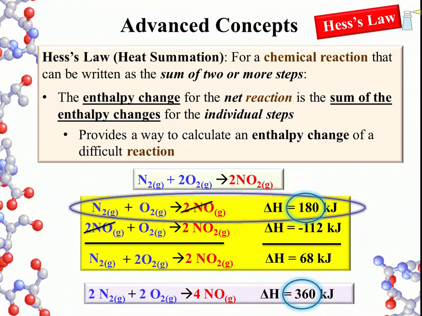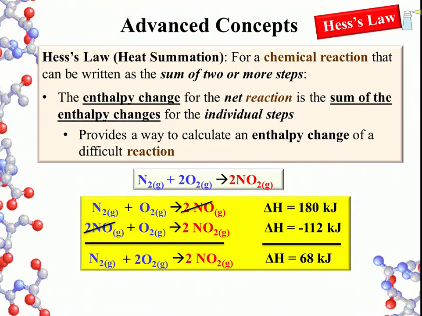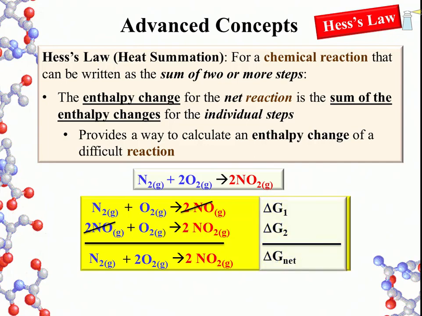The pieces are moved around, maybe flipped, but in the end, the puzzle only goes together in one way. A final note. The process described here works with state functions, delta G and delta S. Same exact logic. Get the reactions to sum to the equation of interest and add the state function values.